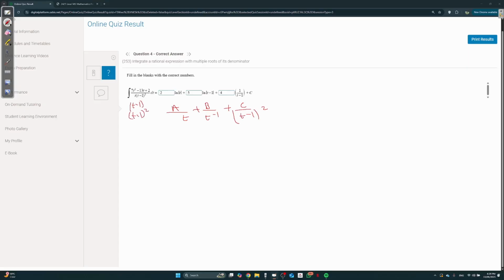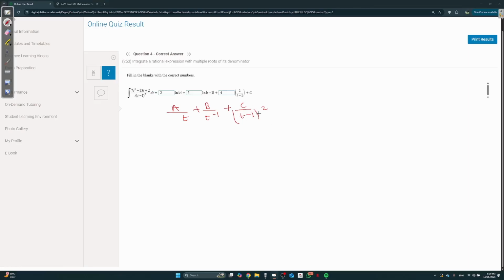You keep going until you complete the power that's here. So if it had power 5, you do t minus 1, then t minus 1 squared, then t minus 1 cubed, then t minus 1 to the 4, and then t minus 1 to the 5. You keep doing it until you reach the power here. So this is how the splitting will look.